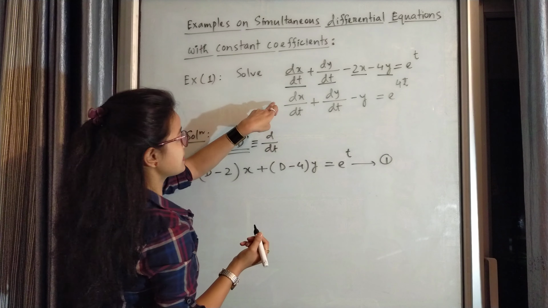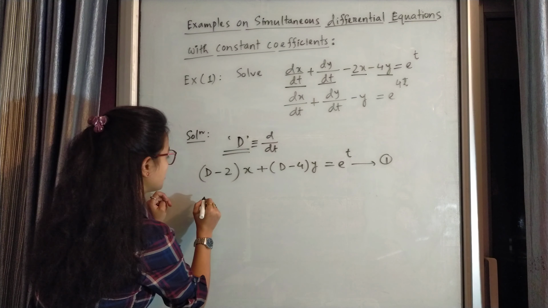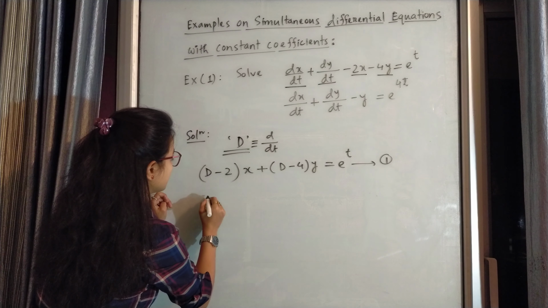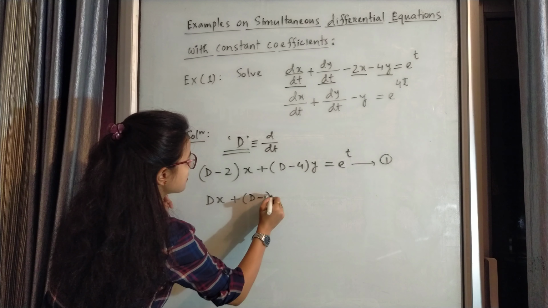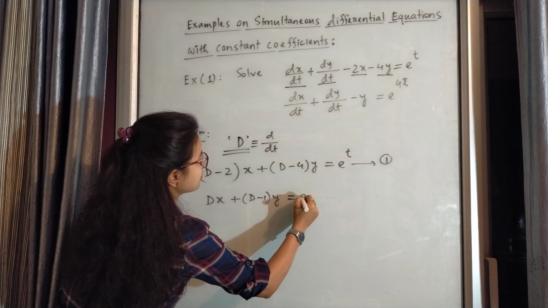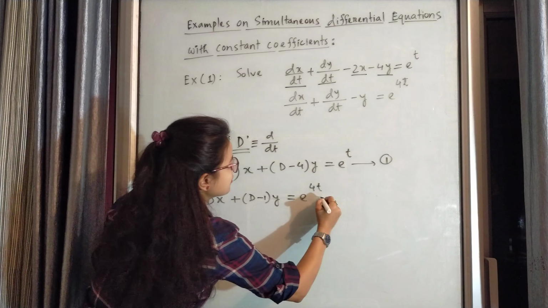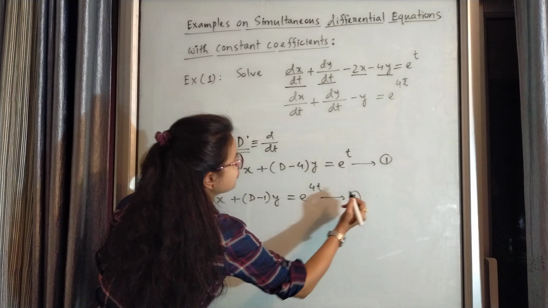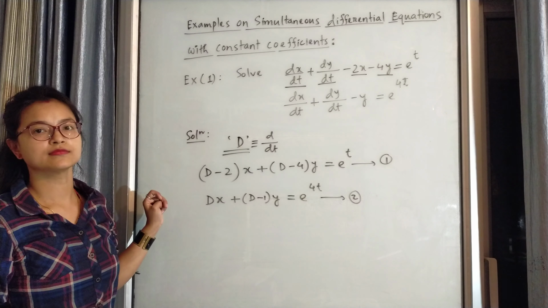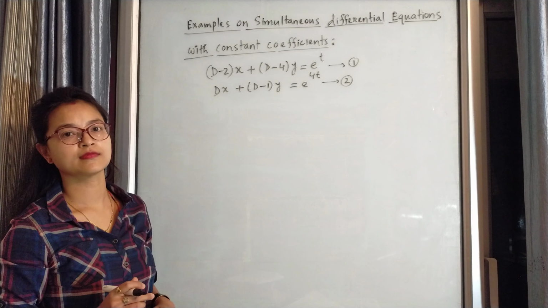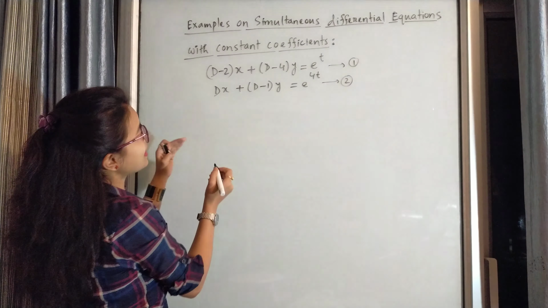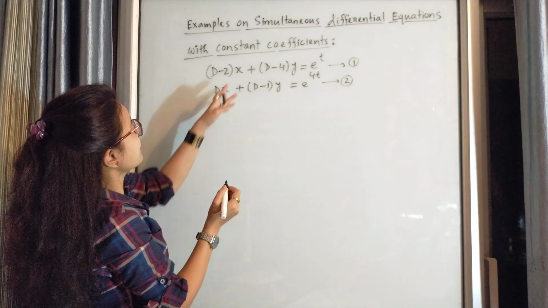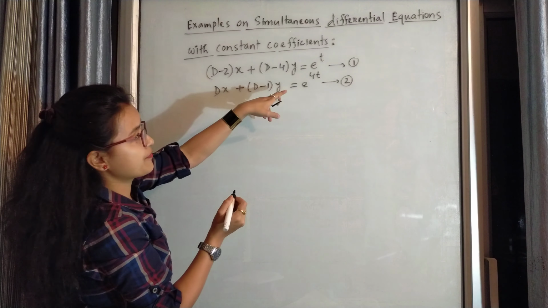Next, similarly, the second equation of the system can be written as Dx + (D - 1)y = e^(4t). Now to obtain the solutions of the system, we can first eliminate the variables x or y.